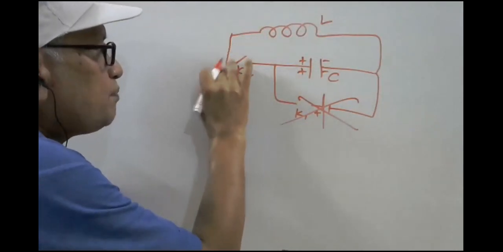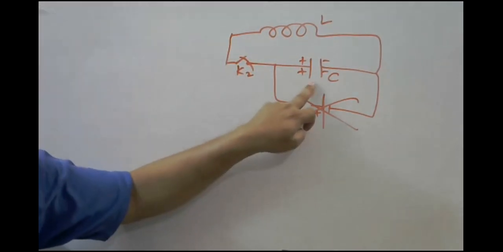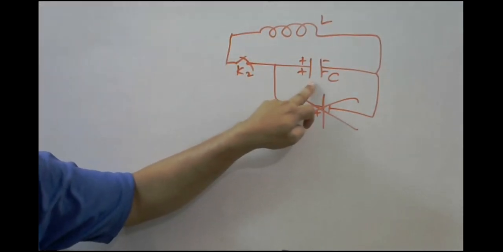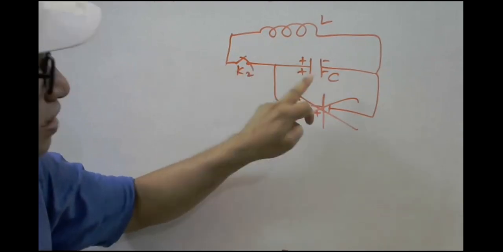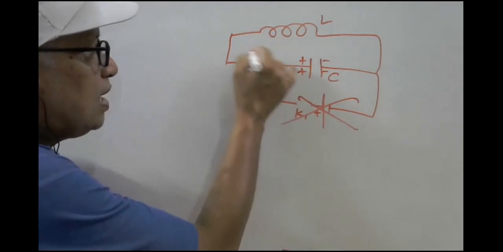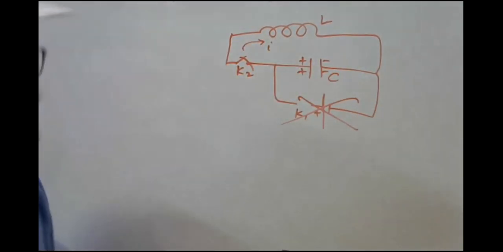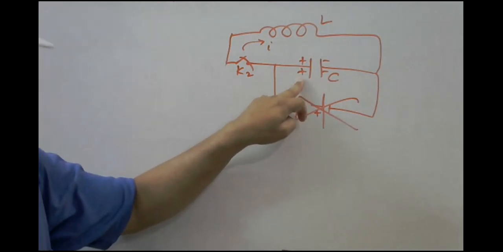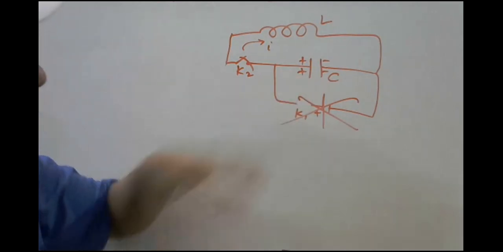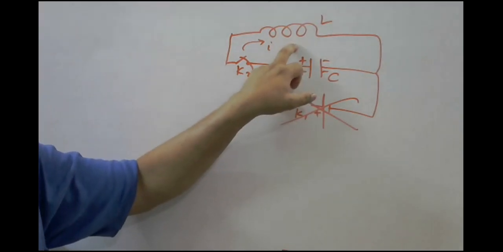If we close the key, then this capacitor will behave like a battery. So what will happen? Current will flow in this circuit like this. So the energy initially stored in the capacitor is now transferred to the magnetic field.